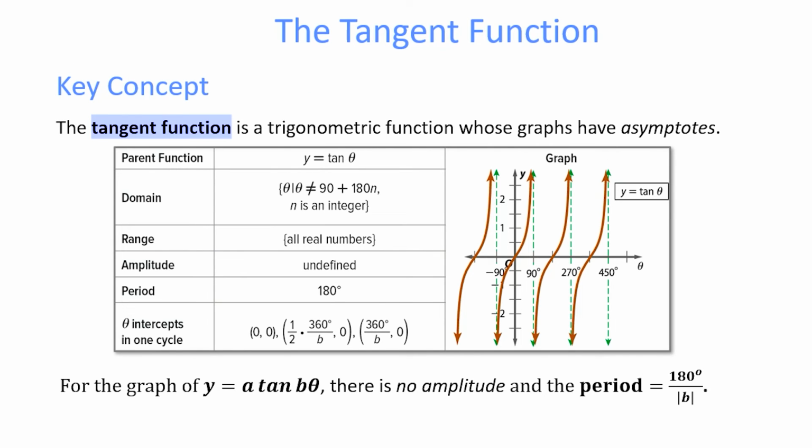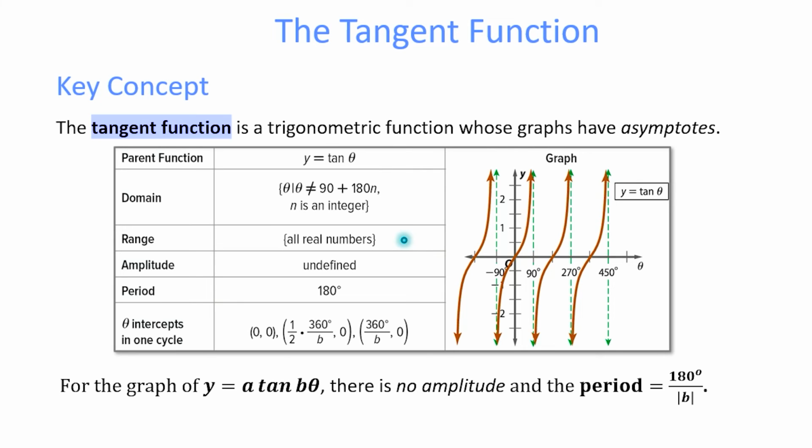The tangent function is a trigonometric function whose graphs have asymptotes. The parent function, y equals tan theta, has a period of 180 degrees, not 360 degrees, like sine and cos. It has the range of all real numbers, or theta values.